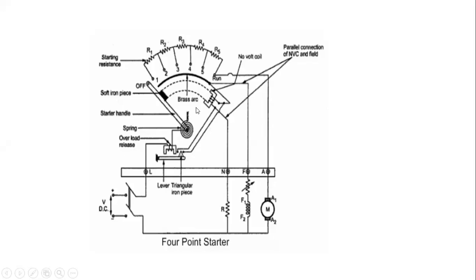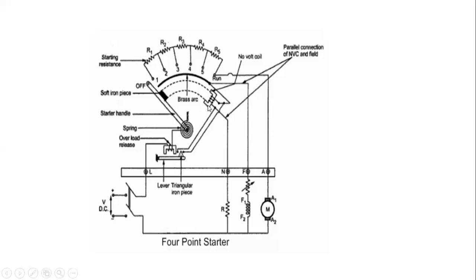Then the handle is moved from the on position to the off position, and automatically the supply is disconnected at overload conditions. Okay, by using this overload coil, the motor is protected from the overloads also.